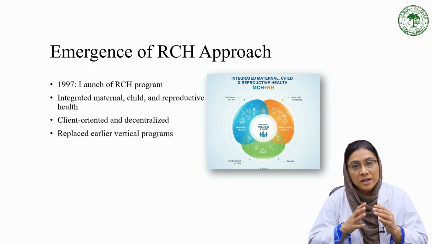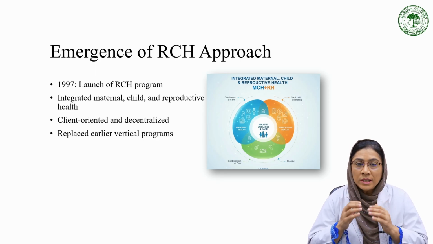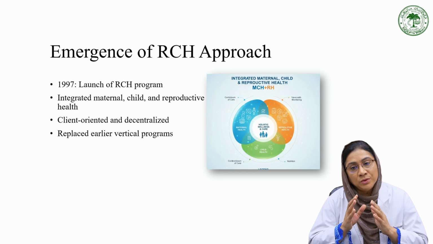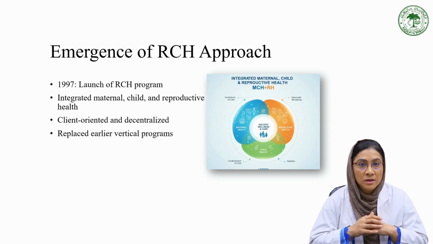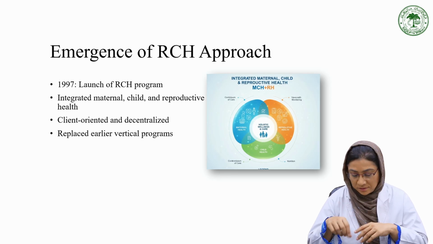Importantly, it emphasized decentralized planning, allowing local needs to guide interventions. This approach recognized that reproductive and child health could not be addressed in isolation, but required comprehensive, integrated services.